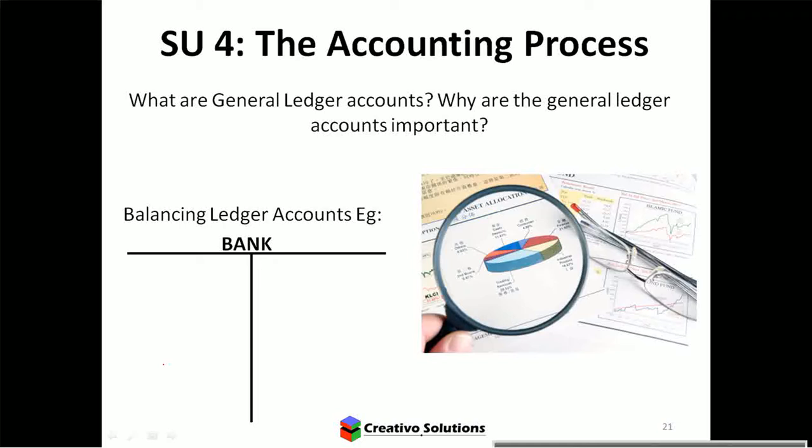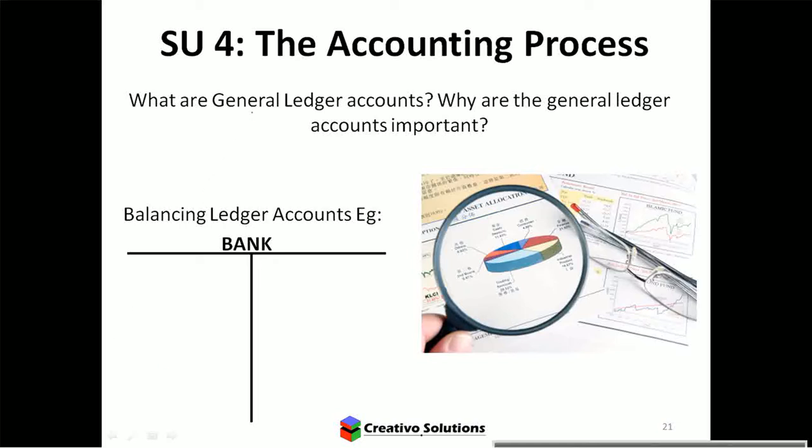Is land and building the same as a vehicle? No. Why not? A land and building is not going to get you anywhere. Correct. It's two completely different items. So is it accurate to group them as one item? No. So we need to separate them and show them separately.